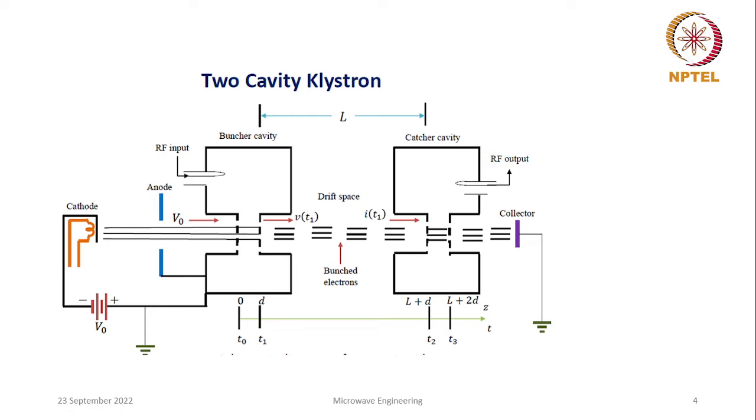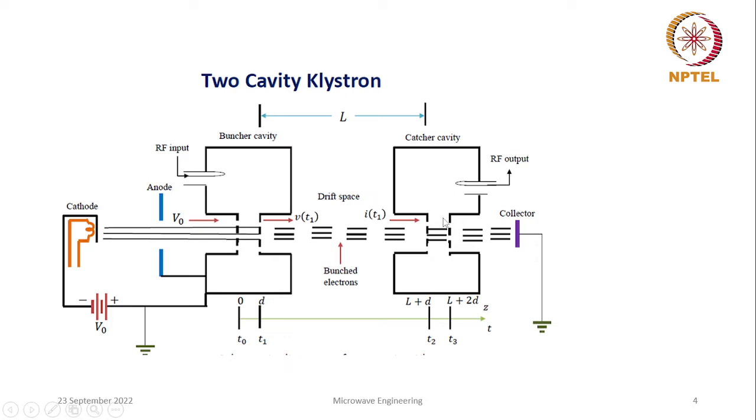That causes current modulation in the catcher cavity, due to which the kinetic energy attained by the electrons will be transferred to the RF signal, which amplifies it.